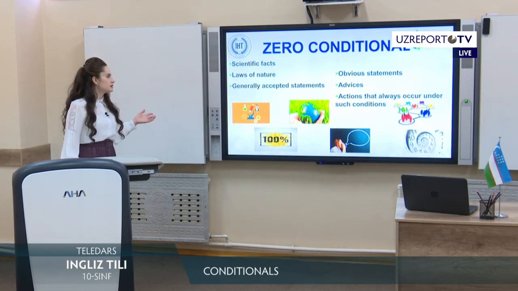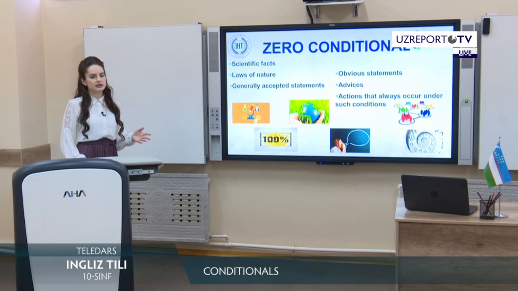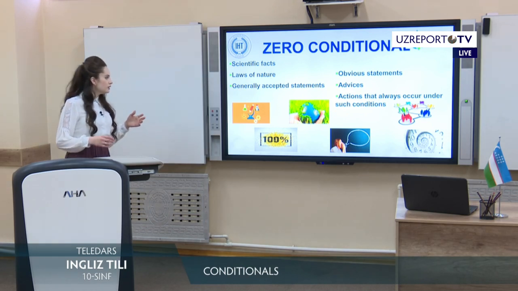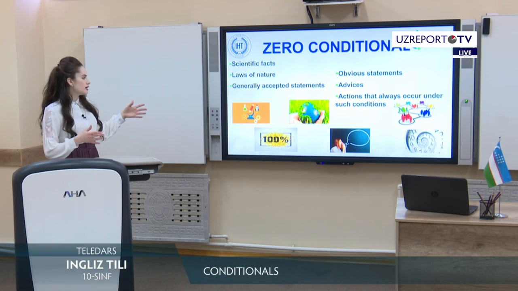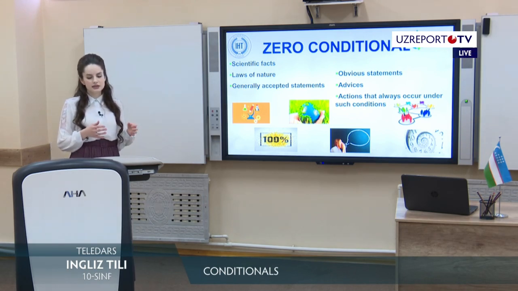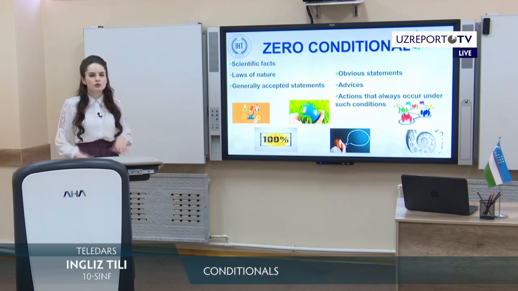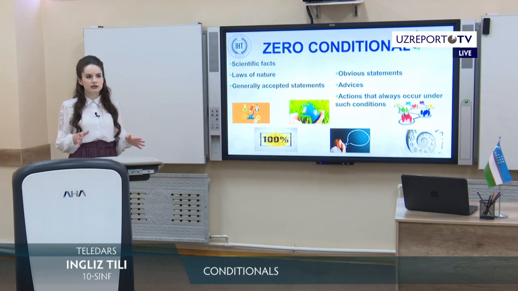Zero conditional, in my opinion and in the opinion of most teachers, is the simplest type of conditional sentences. Why? Because we should talk only about things which are really true always. Scientific facts: we shouldn't prove anything because it was proved by scientists before.